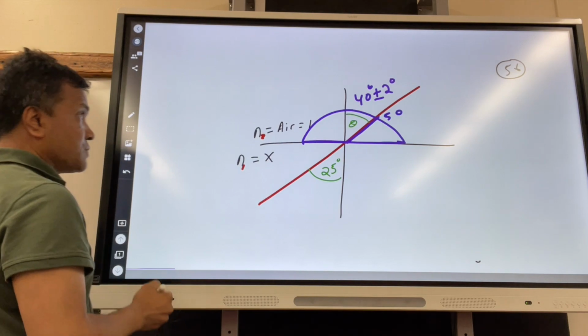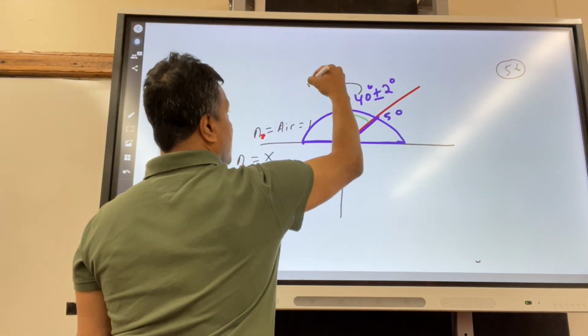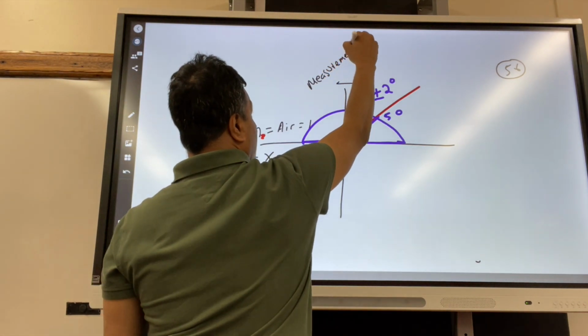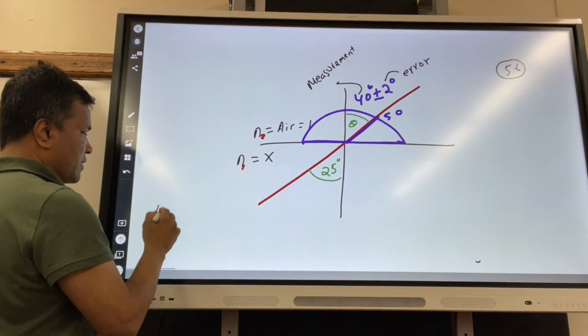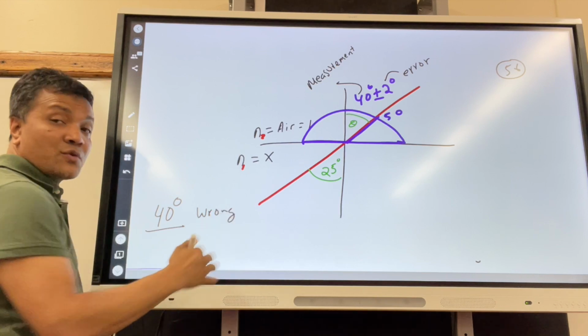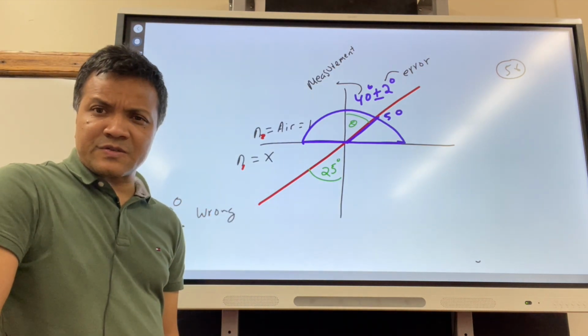Why plus minus 2? 40 is the measurement, and 2 is the error. If you write only 40 degree, that would be wrong. Why? Then you would be telling the people that your measurement is 100%.